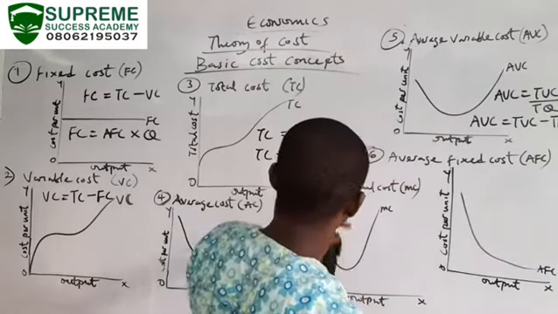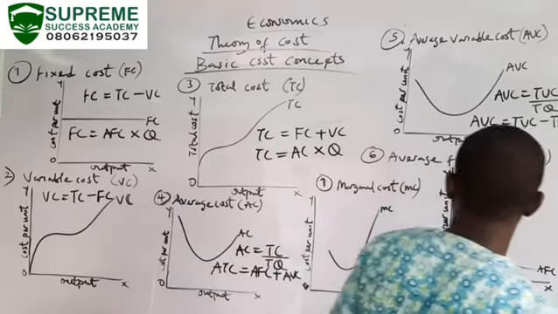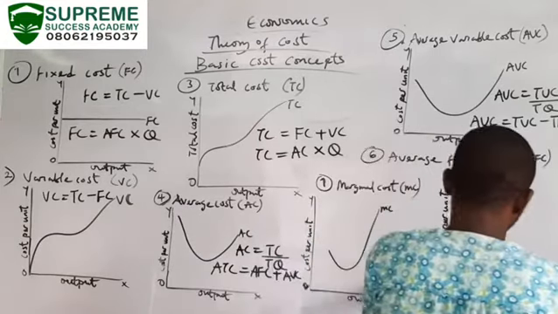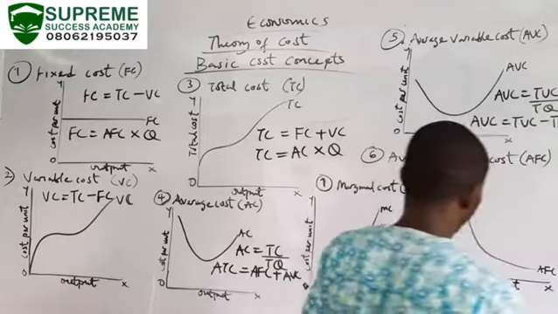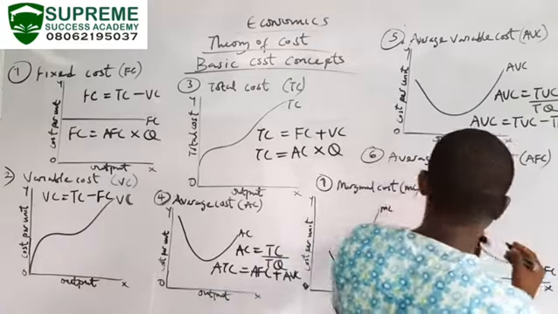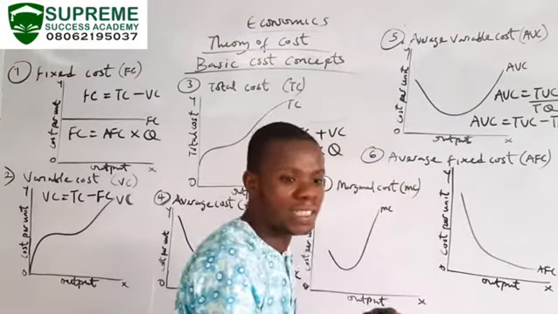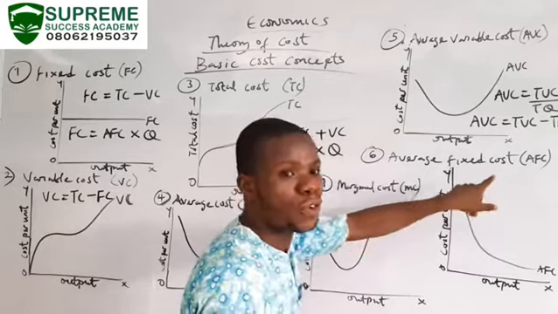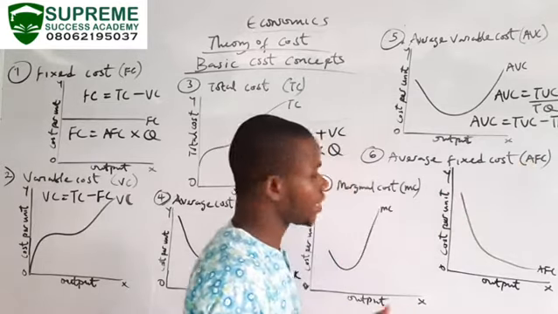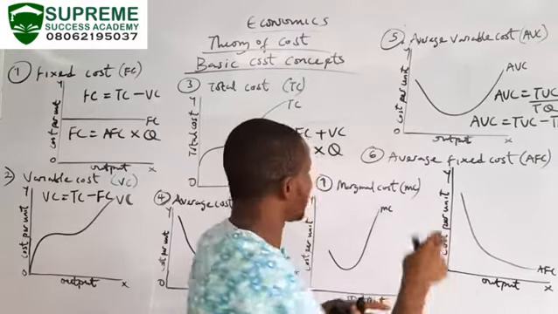And the sixth one, which is average fixed cost, which we abbreviate as AFC. This is the graphical representation of average fixed cost. Average fixed cost is defined as the cost per unit of fixed output. That is, we want to know the average cost per fixed output.